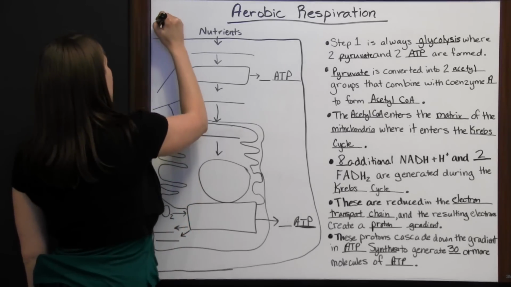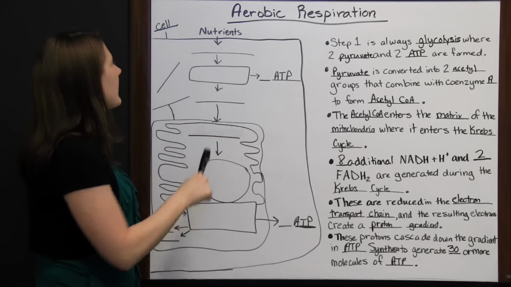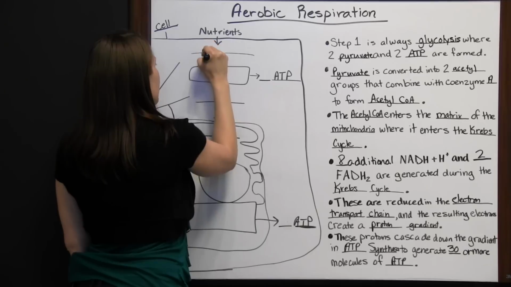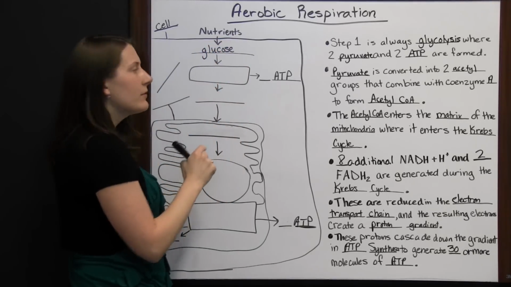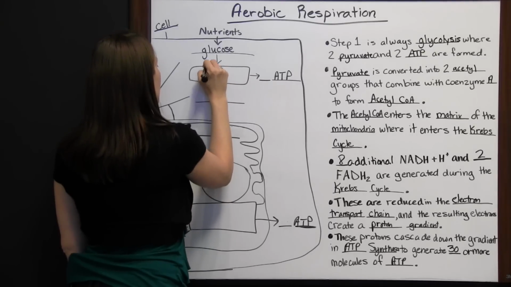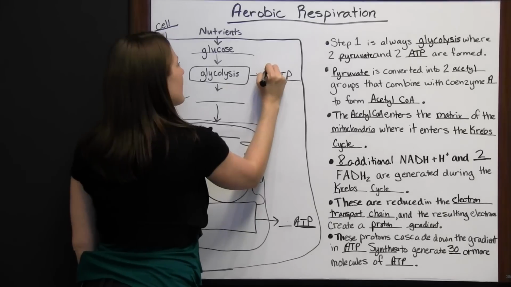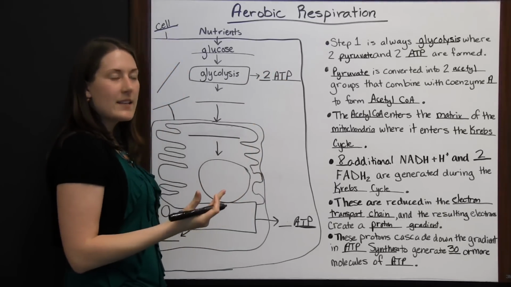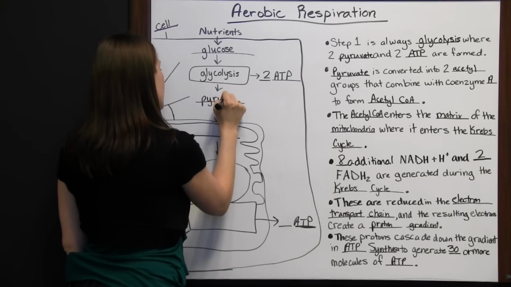So we've got our cell, and nutrients are taken into that cell. In the nutrients, we're going to get some glucose. And from 1 molecule of glucose, we are going to carry out glycolysis and get 2 ATP, net energy over here, plus our pyruvate.